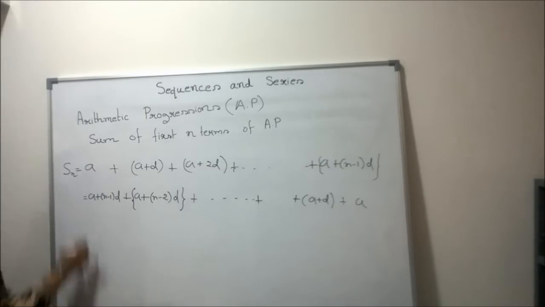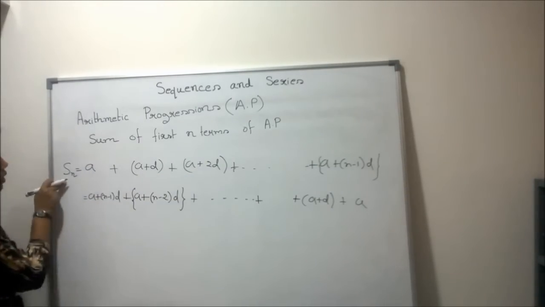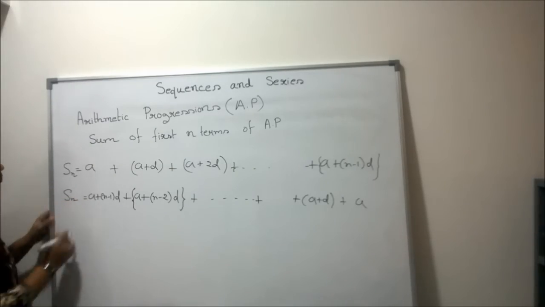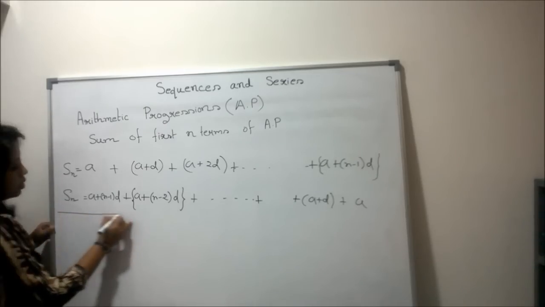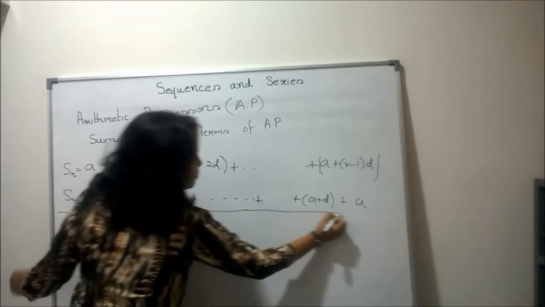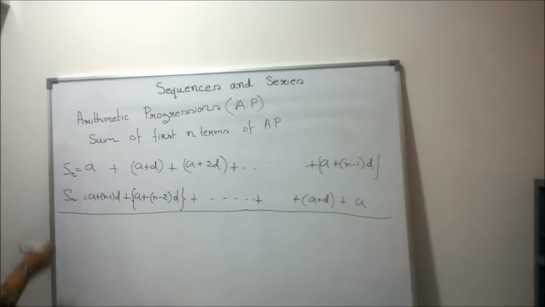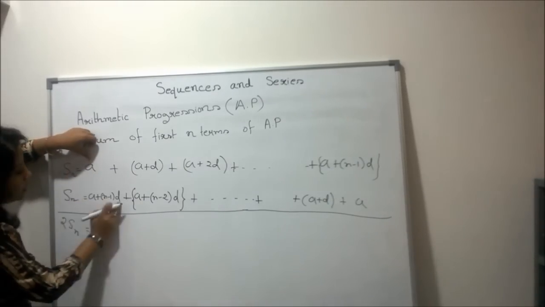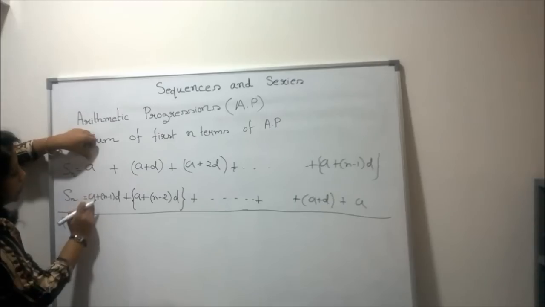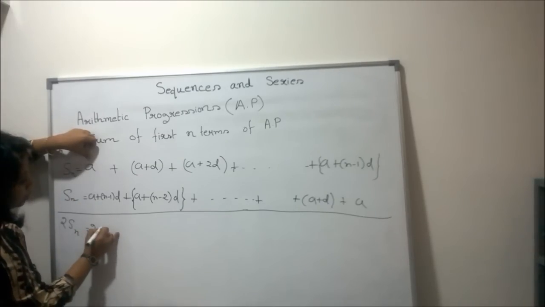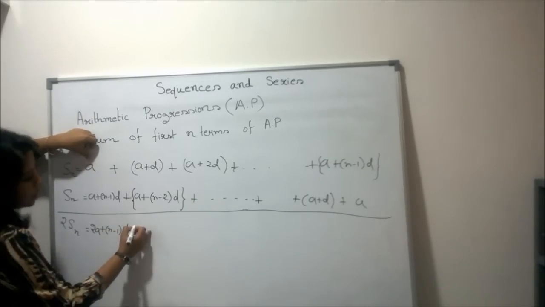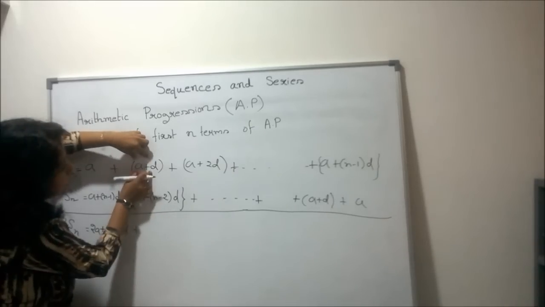So here you see, if the summation of this is Sn, the summation of this will also be Sn. So here is Sn. Now add these two. If we add these two, this is 2Sn. Now you see here, if we add a with this, there will be 2a plus n minus 1 d. Again we add this with this.